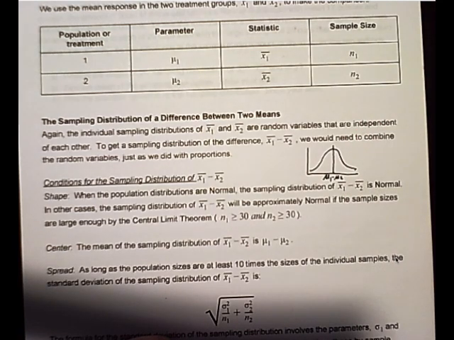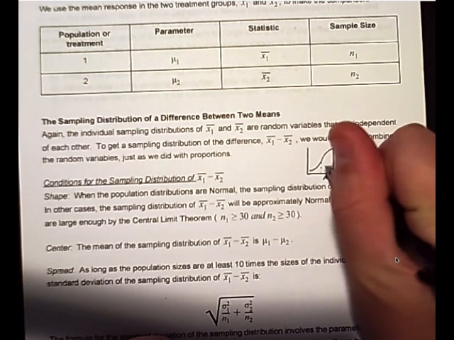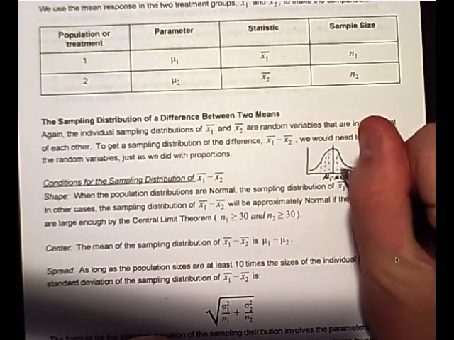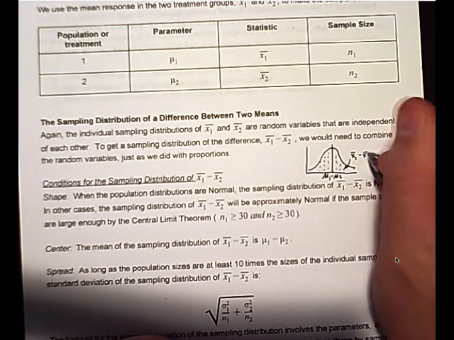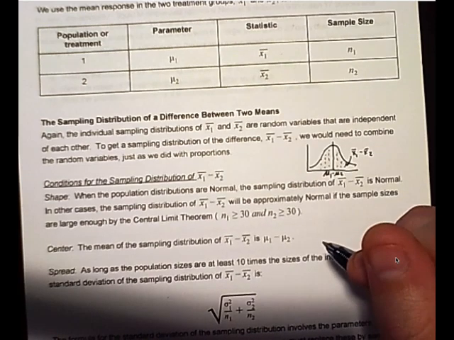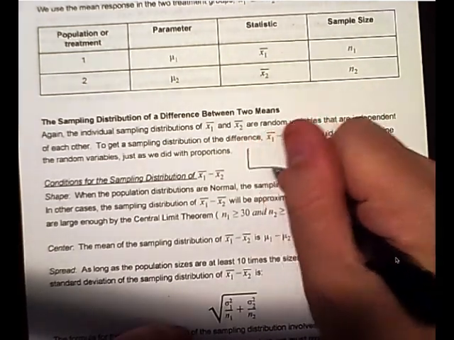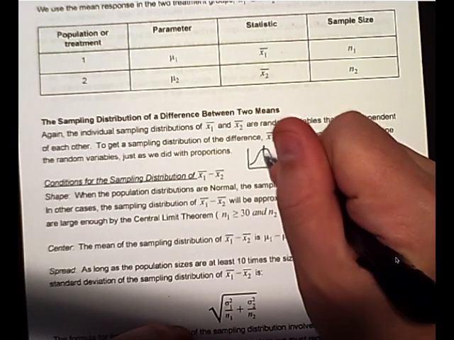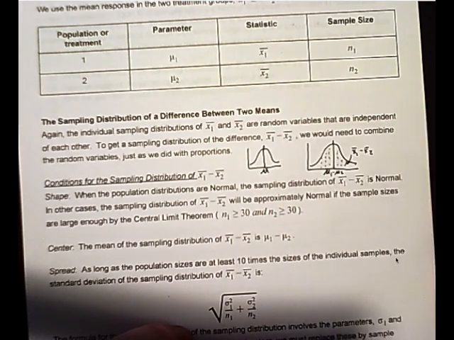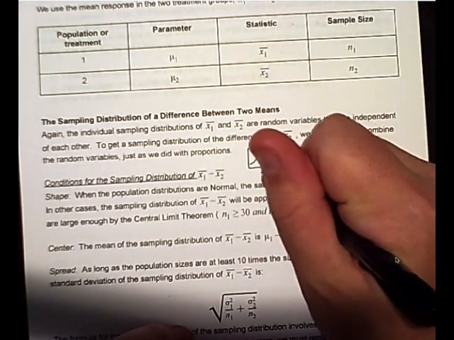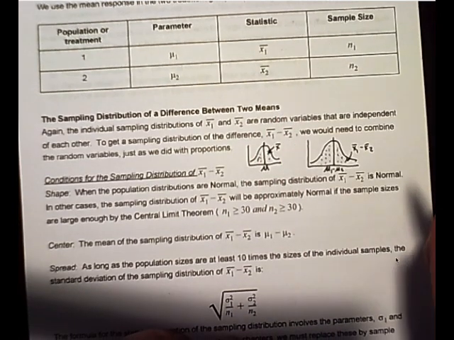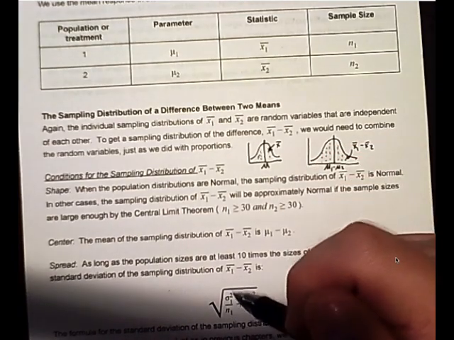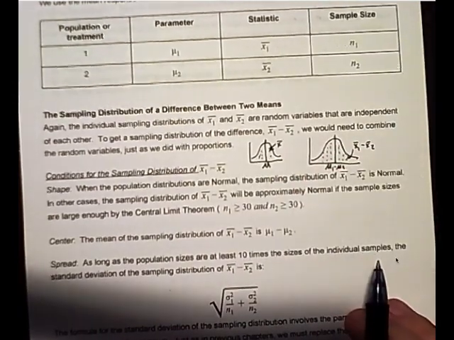If you looked at all possible sample differences, each point on that curve represents a specific X bar 1 minus X bar 2. Just like when we had a single sample, we expected the true mean to be down the center, and each dot to represent a specific sample, and we would plot all possible samples.